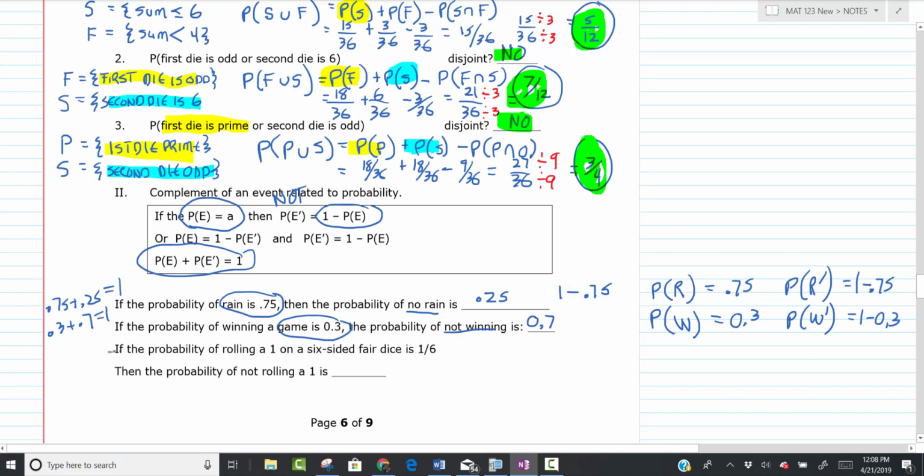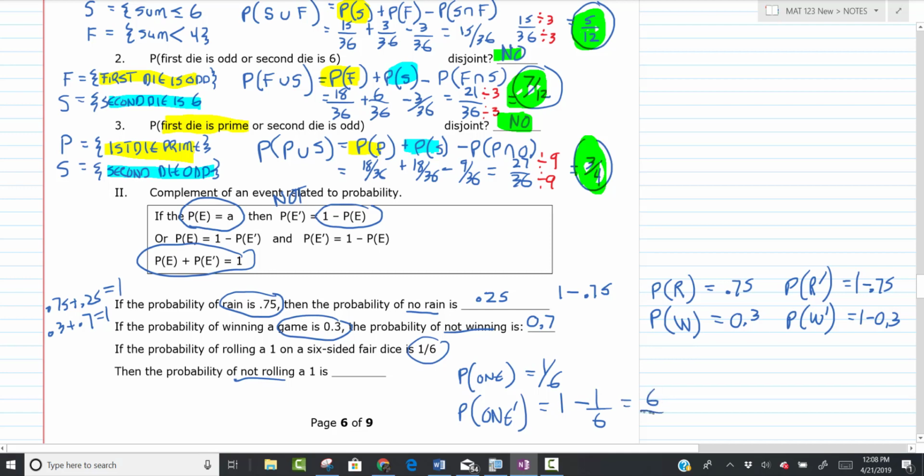Okay, the next one says if the probability of rolling a 1 on a 6-sided dice is 1/6, what's the probability of not rolling a 1? Well, the probability of getting a 1 is 1/6, so the probability of not getting a 1 would be 1 minus 1/6.